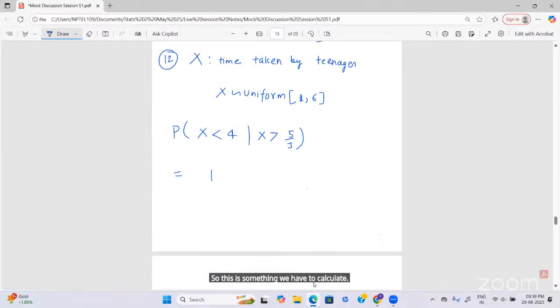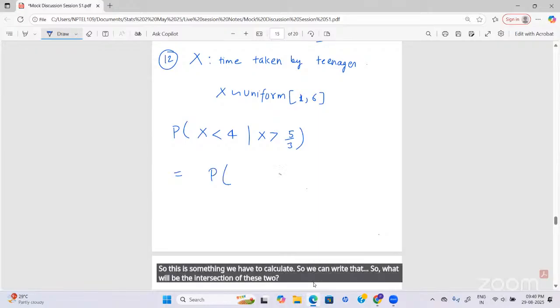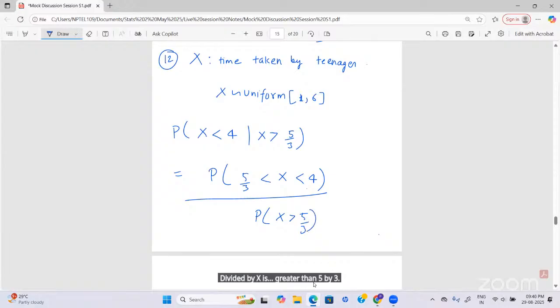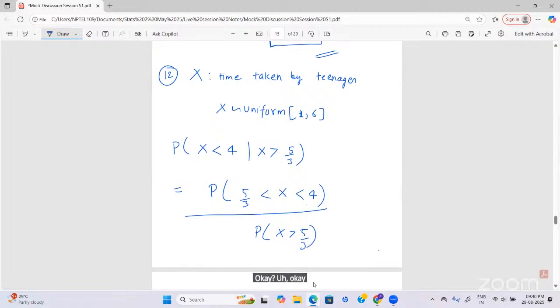So we can write that. What will be the intersection of these two? So the probability that x is less than 4 and greater than 5 by 3, divided by the probability that x is greater than 5 by 3. Ma'am, can you explain again how this 5 by 3 came? Okay. In 60 seconds, you have 1 minute.